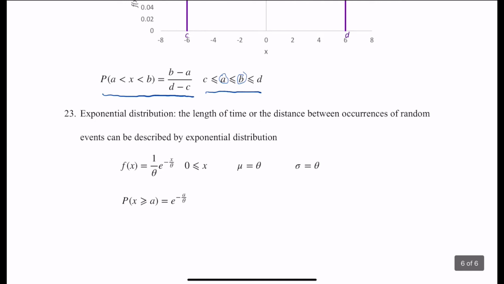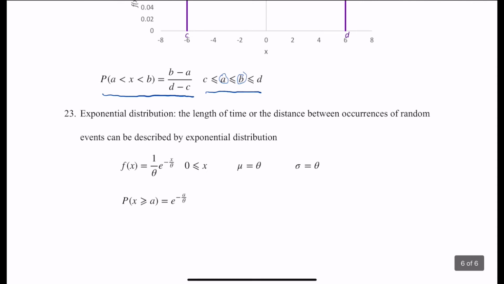I'm not saying that these two are similar mathematically or something like that. I'm saying that the applications of these two types of distribution are quite similar. It's just the application.